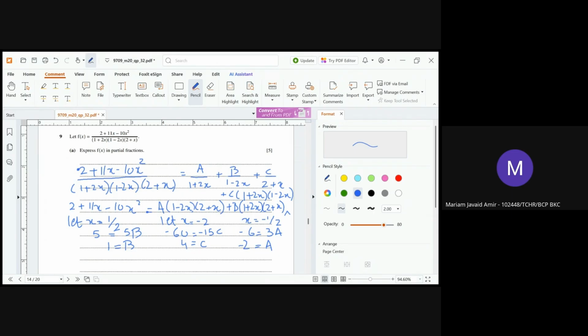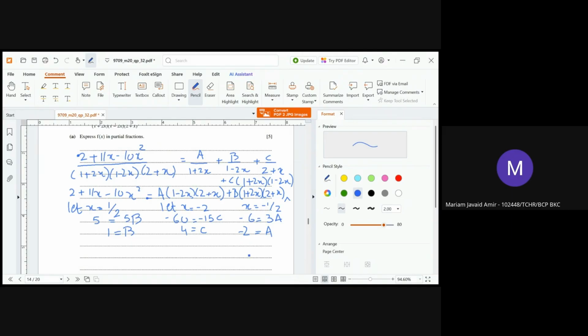So now we express it completely in partial fractions: minus 2 over 1 plus 2x plus 1 over 1 minus 2x plus 4 over 2 plus x.